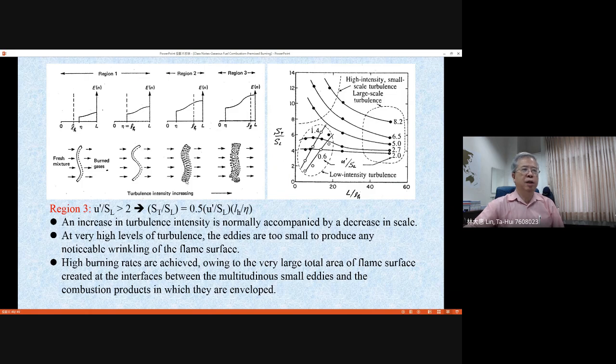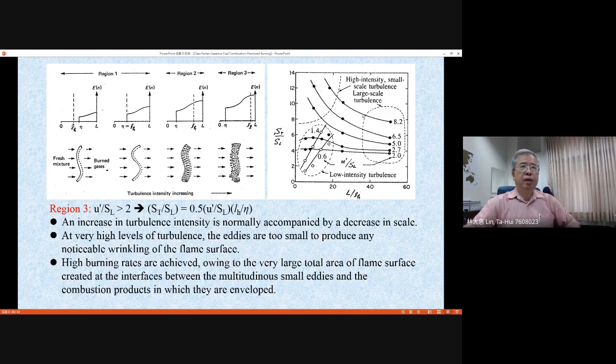This is the appearance. You can see the change of appearance by increasing the turbulent intensity, and the flame speed will change from the linear relationship for low intensity turbulence to the hyperbolic inverse proportion relationship for large scale, large intensity turbulence.